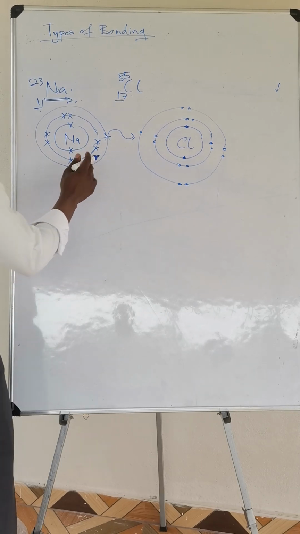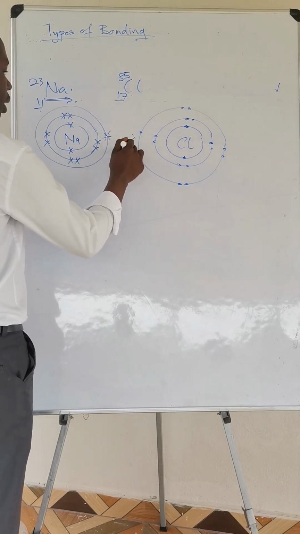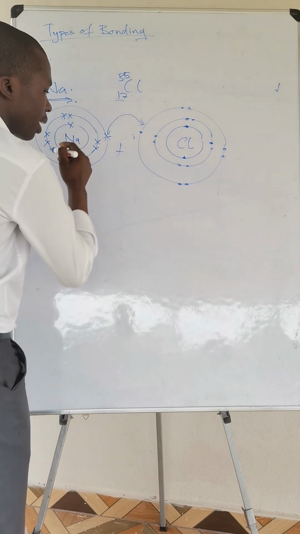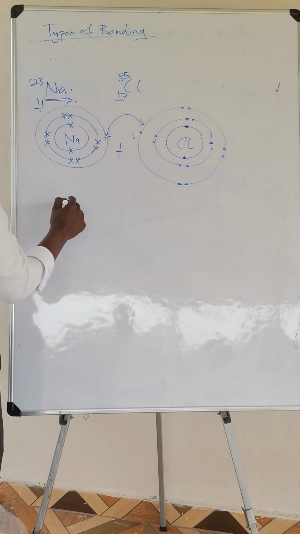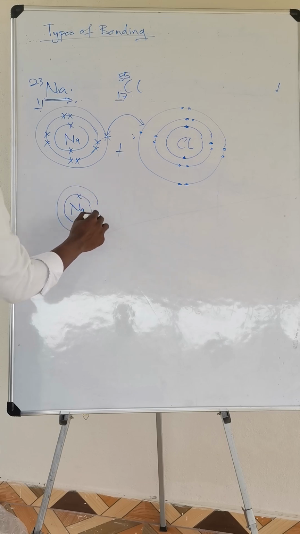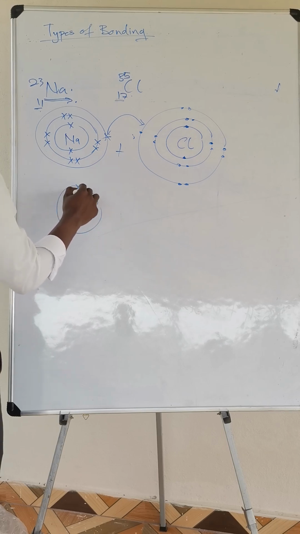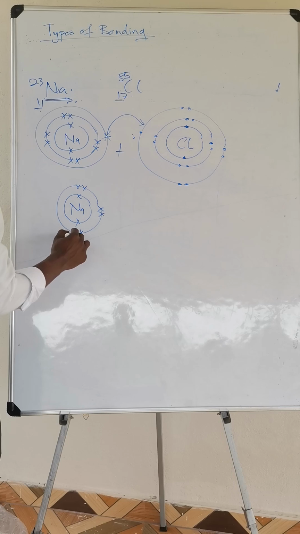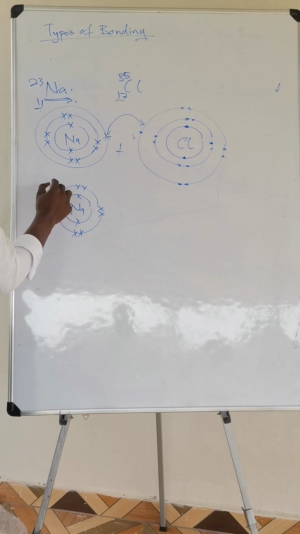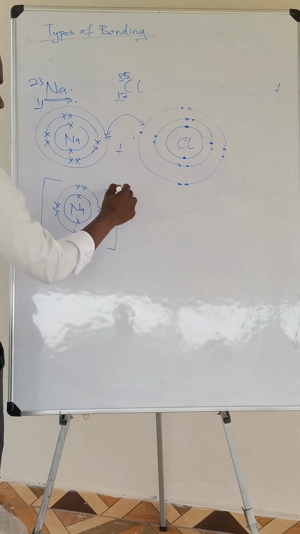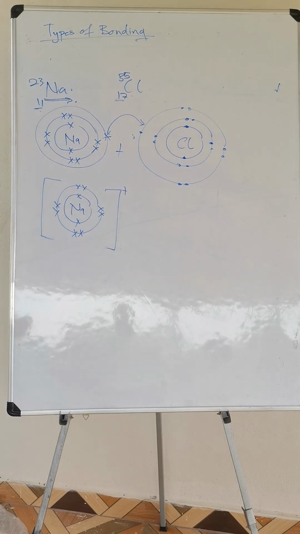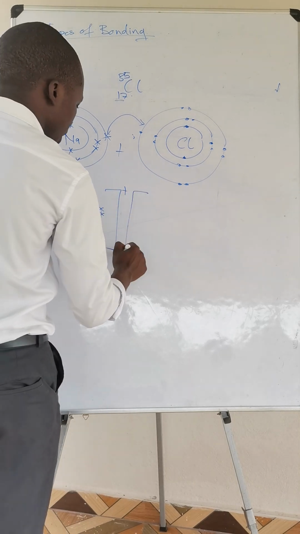If we react them, this electron shifts over to chlorine. Sodium becomes 2, 8, and because it lost 1 electron, it becomes Na+.